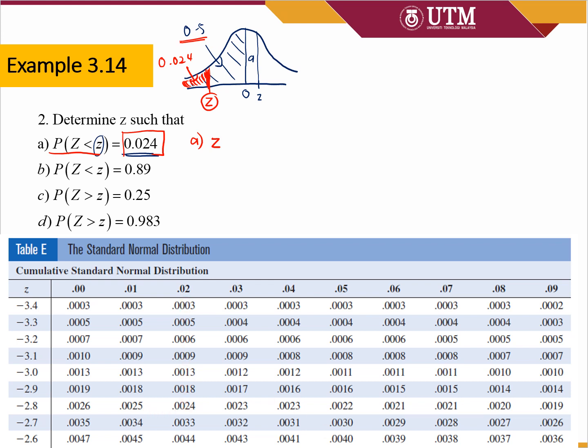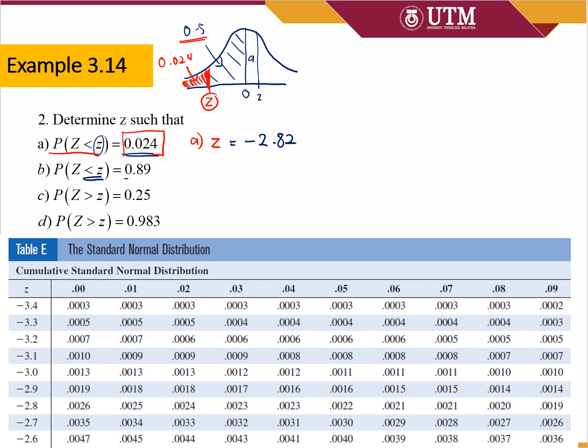So the Z value would be negative 2.82. So that is how we find the Z value given the area of the curve.